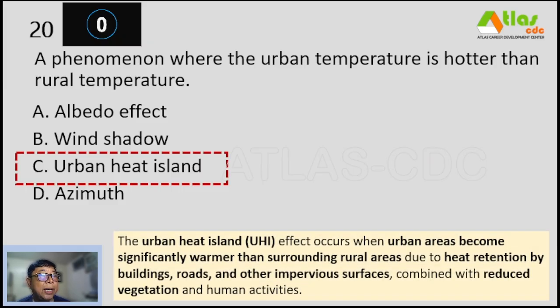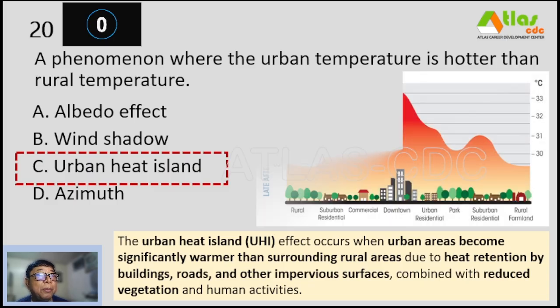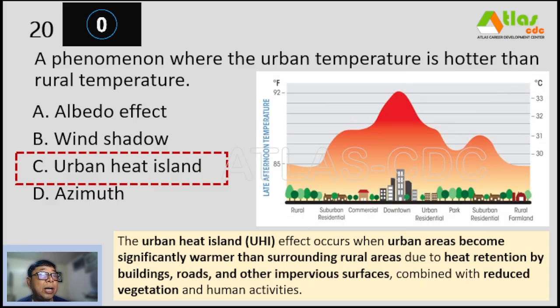So the urban heat island effect occurs when urban areas become significantly warmer than surrounding rural areas due to heat retention by buildings, roads, and other impervious surfaces combined with reduced vegetation and human activities. Kaya mas mataas ang temperature sa urban areas.